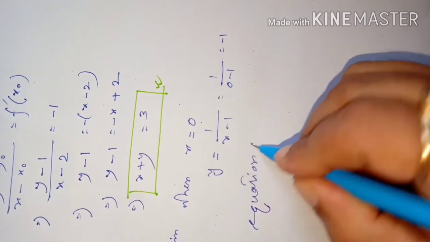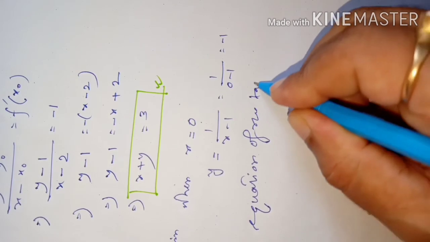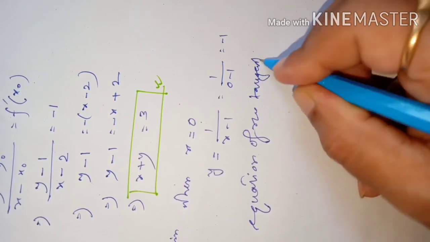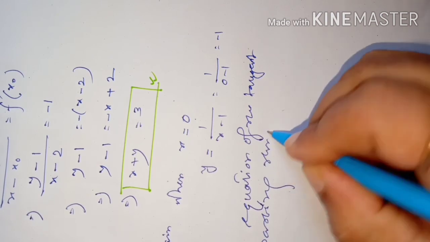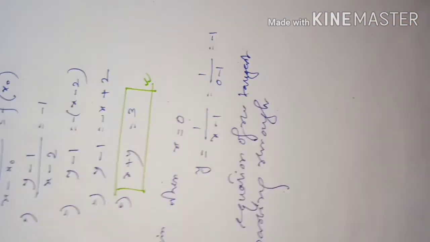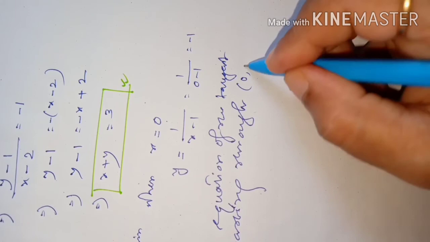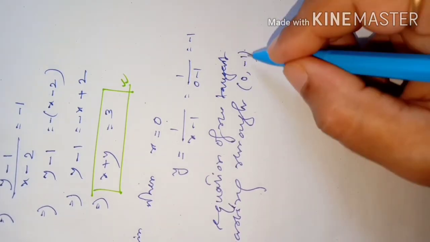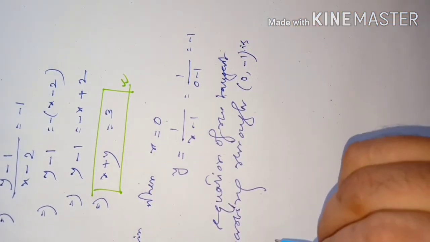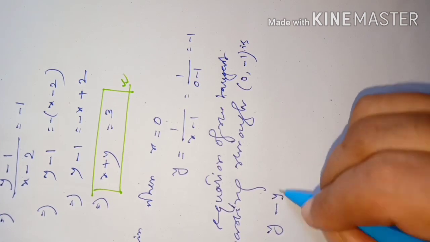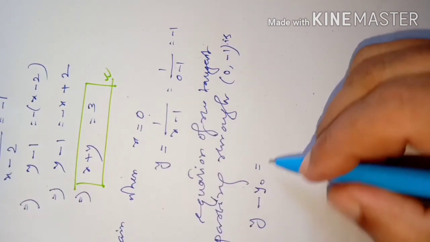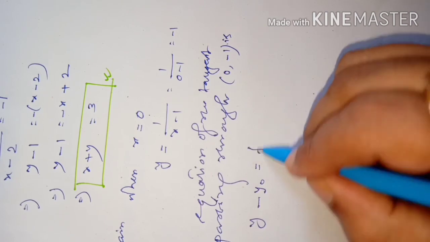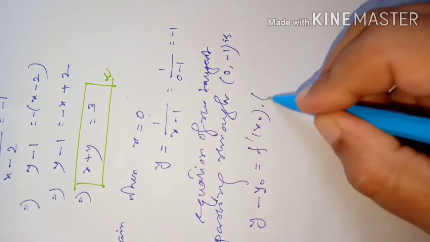So the equation of the tangent passing through (0, minus 1) is y minus y naught is equal to f dash x naught into x minus x naught.